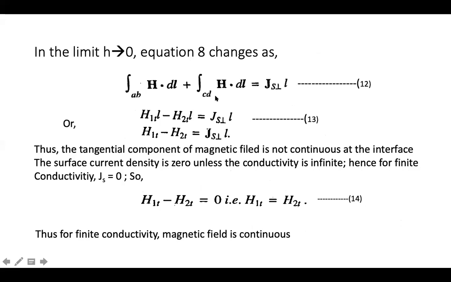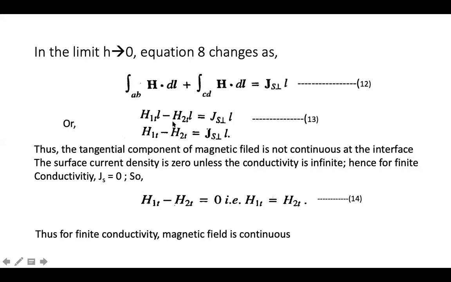The other integral is vanishing as we are taking only the perpendicular component, and then we compress the height. So the contribution from the sides of the box is vanishing, and you have only the upper line and the lower line. So what does this upper line give you? H dot dl with respect to AB and H dot dl with respect to CD, and then you got this. Or I separate it, I got like this, the same thing.